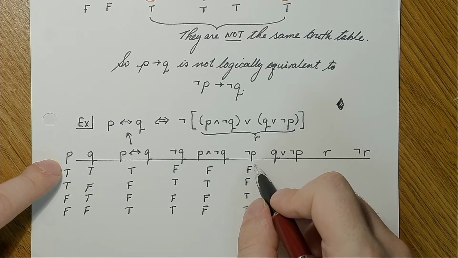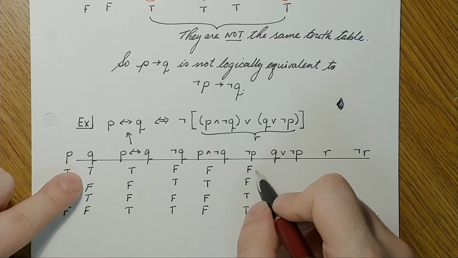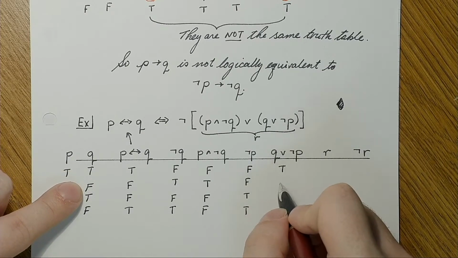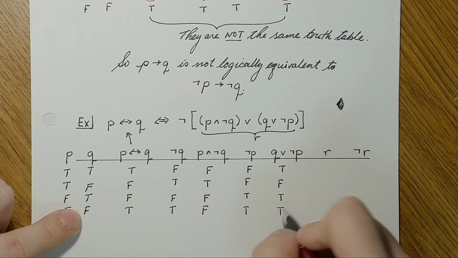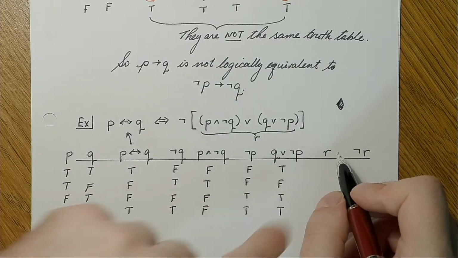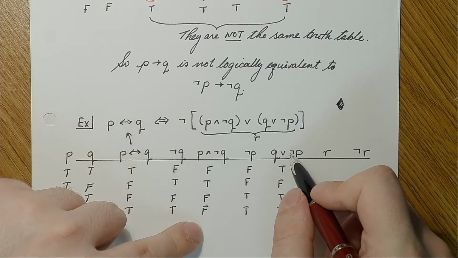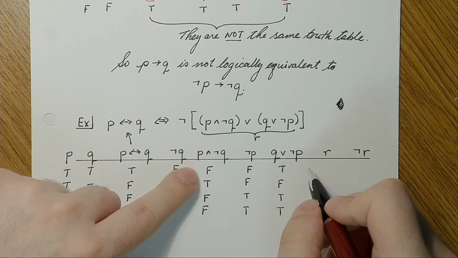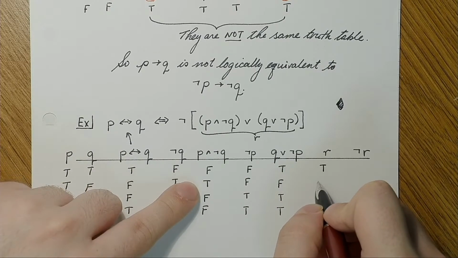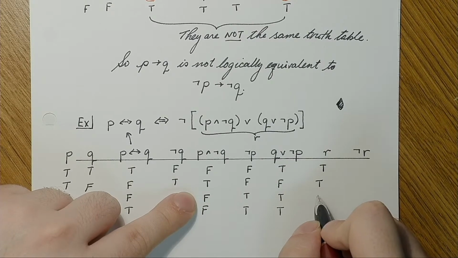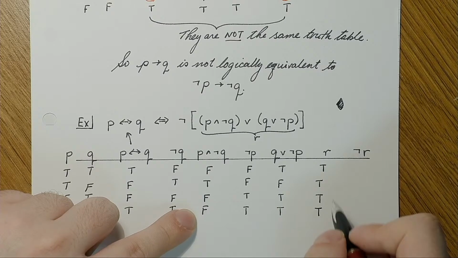Doing the not P or Q, so using this one right here, this is true, this is false, true, and true. And now for R I need to use this column and do the OR operation. So this is true, there's true, true. Uh-oh.